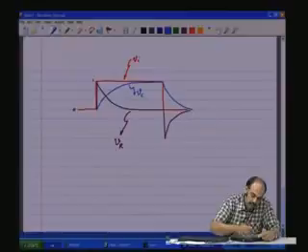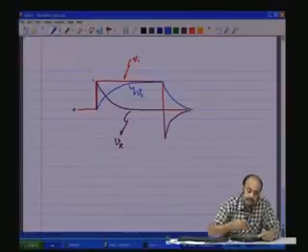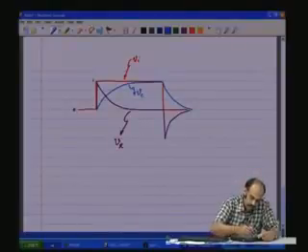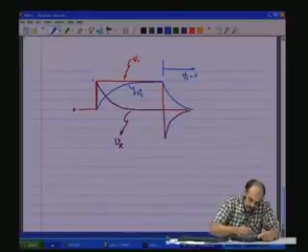If you take the voltage across C or the voltage across R during this portion, during this portion of the time I know that Vi is equal to 0, because Vi has become 0.